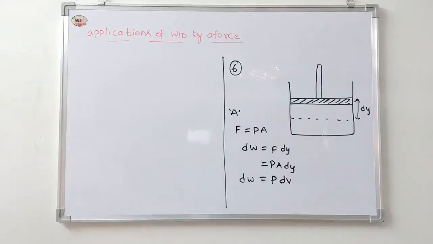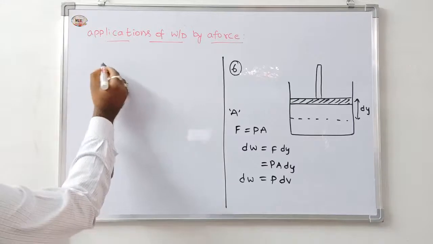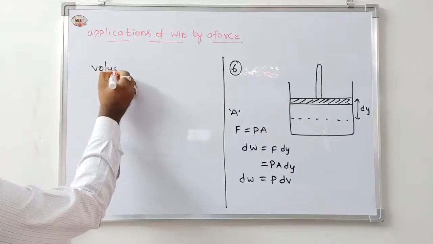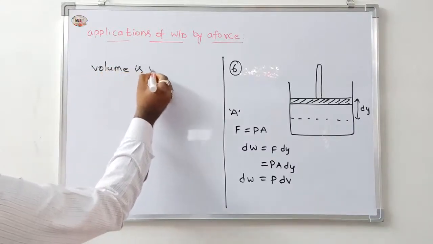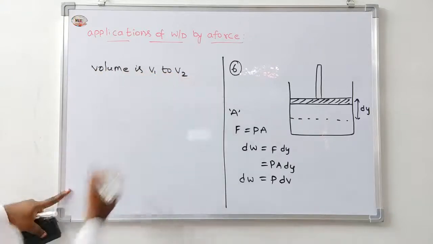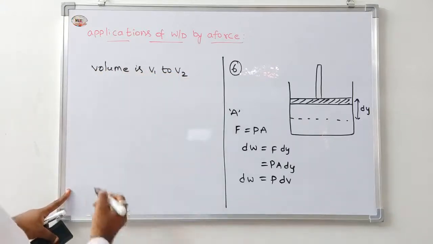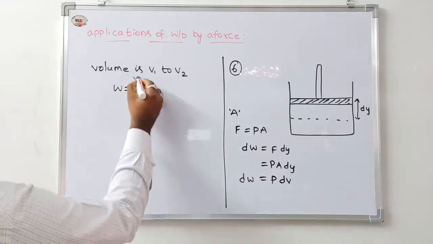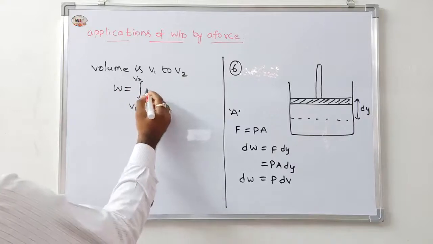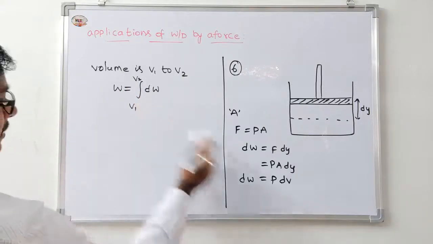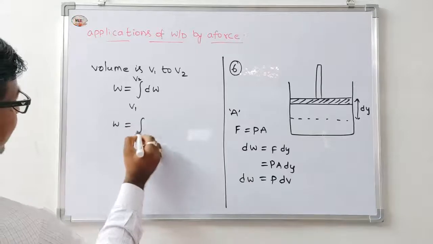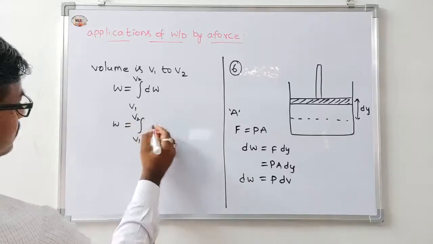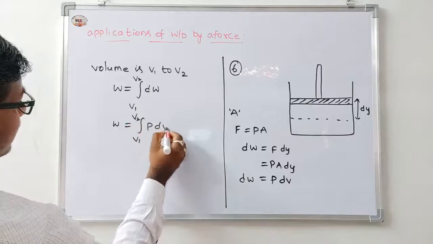So the total work done by the gas during the change in its volume from V1 to V2 is W is equal to the integral from V1 to V2 of dW, that is P dV.